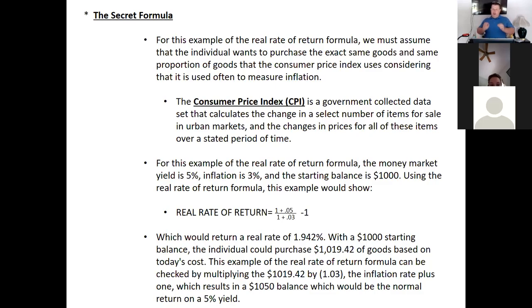But remember, inflation will eat away at purchasing power, which is why, if you recall in one of those market watch assignments, I tried to get you to the point where your investments should always return more than the rate of inflation. Otherwise, you're actually losing money, even though it looks like because of the normal return, you're gaining money.